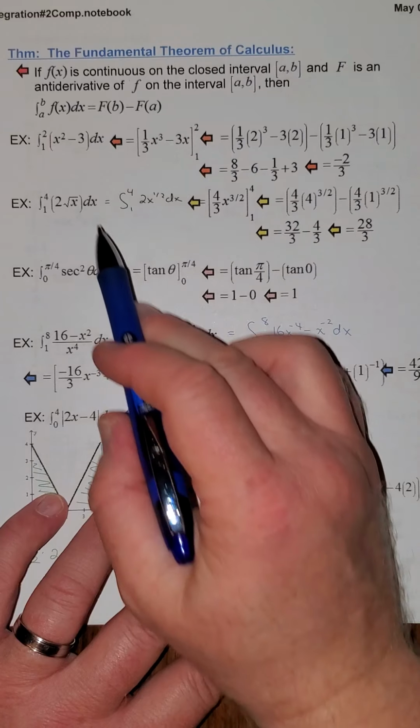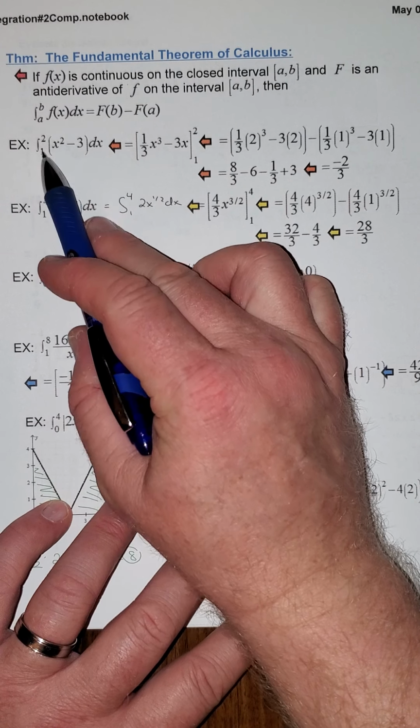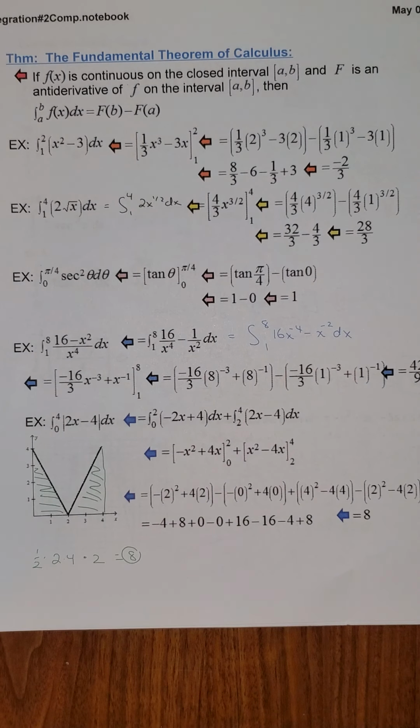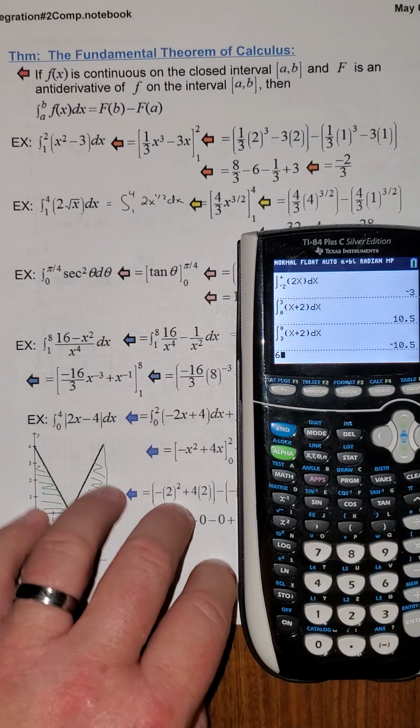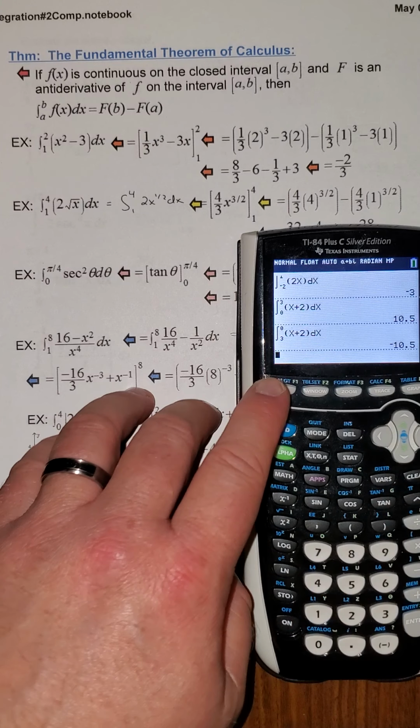Now watch what I do on this first problem. This is called a definite integral. The definite integral represents the area under the curve. Okay? Now, if you want to see what this problem looks like, again, I'll try and not get a glare on my screen. Okay?